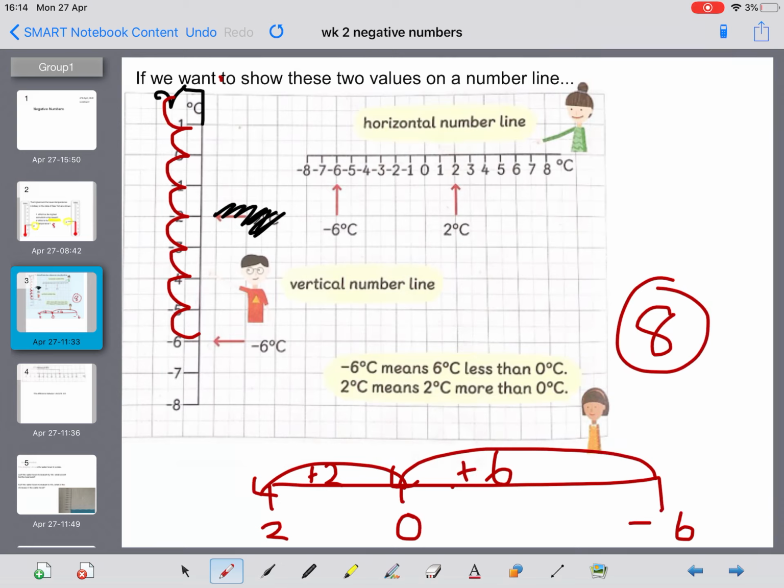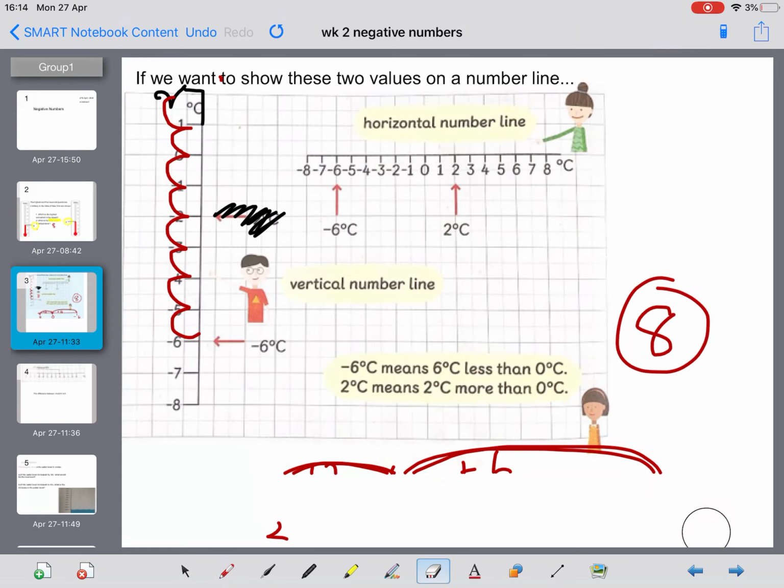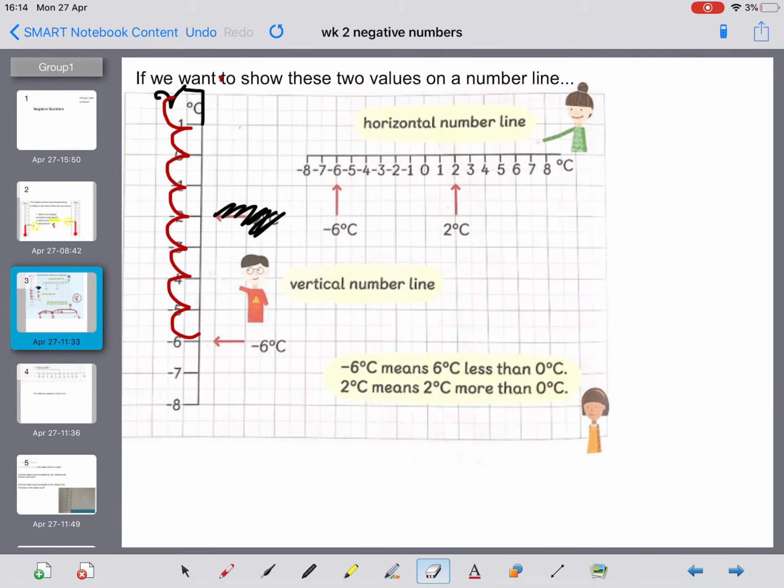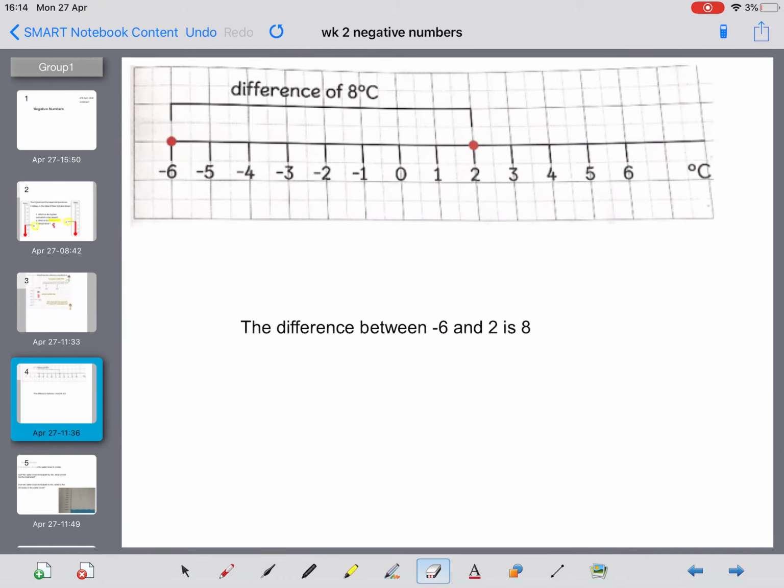So you always need to get back to 0, and then the rest of it. It's just a bit of a recap for Mrs O'Reilly's group, because you haven't done it for a while. Right, so this is just showing you what we've just done. The difference is 8. 1, 2, 3, 4, 5, 6, 7, 8.